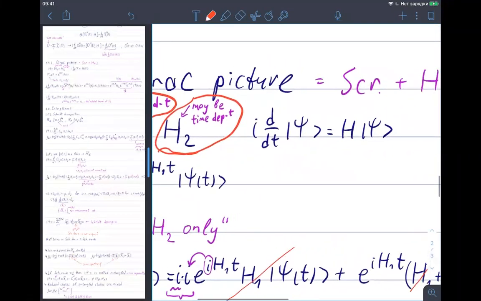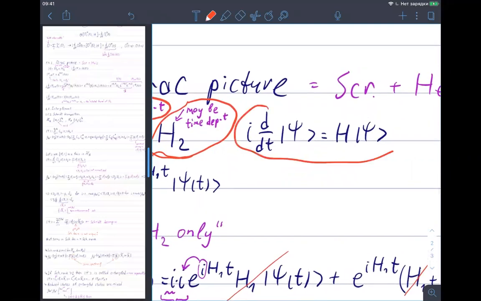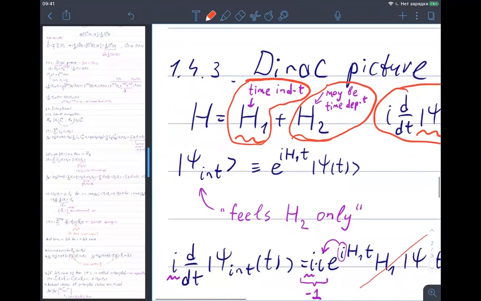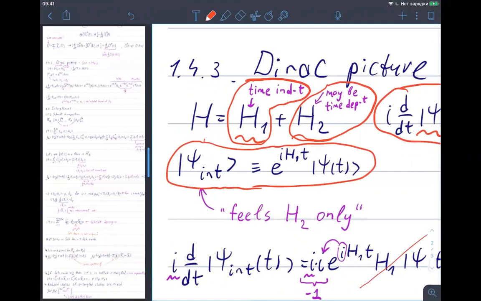What we know is that we may start with the Schrödinger picture, where we have a full solution psi, whose evolution is governed by the full Hamiltonian. Then let us introduce a new player, psi interaction, psi int. We take our full, true solution, and in some sense remove its evolution governed by H1.